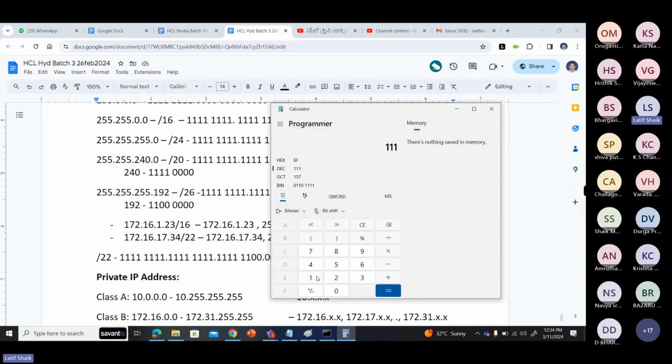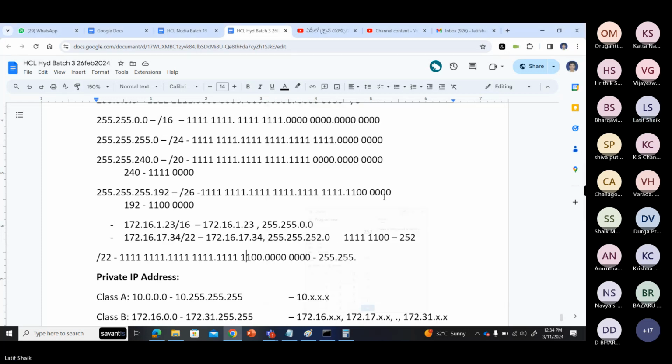I can calculate it, but it is better to show. It is 11111100, which is 252. It is already written, but how to calculate it manually? I can show that from there.